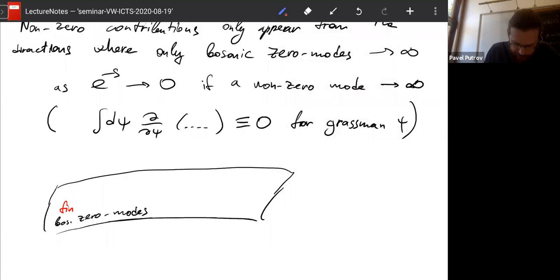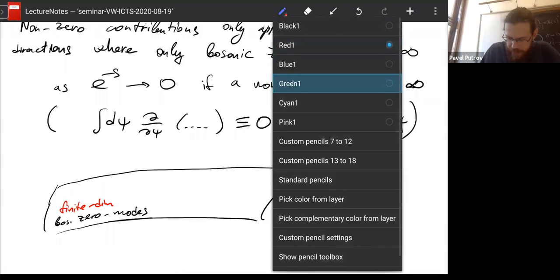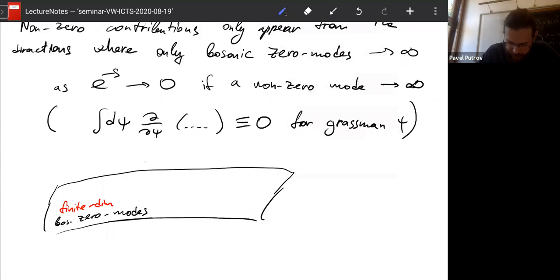But then at each point, there will be an infinite dimensional fiber where we have all non-zero modes, all fermionic modes, and also all auxiliary modes.